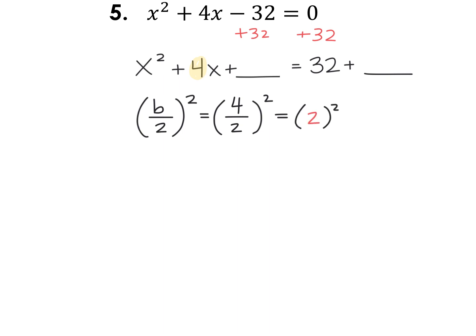Explain why in a second. 2 squared is equal to 4. And here's the magic number that we're going to add to both sides. Okay, it's not like you're done with the problem. I'm not boxing it because of that. But 4 goes here and here. So you're filling in the blank with 4. Because that will create a perfect square trinomial on the left.